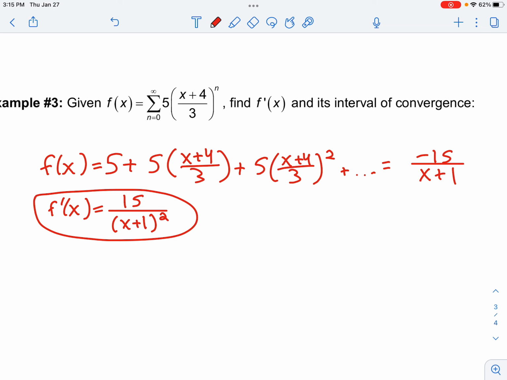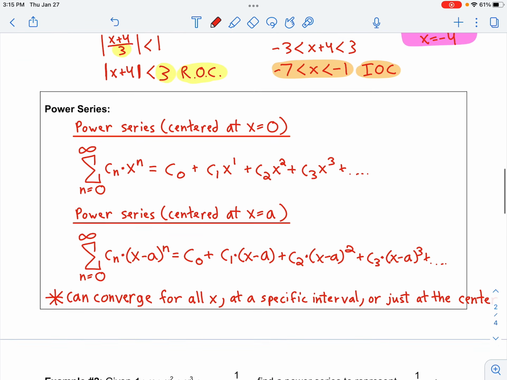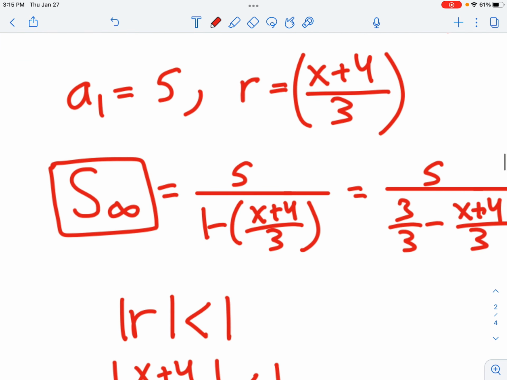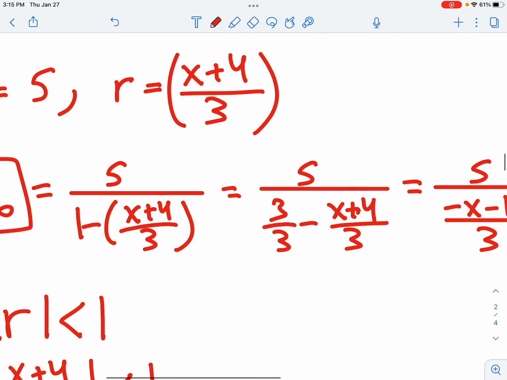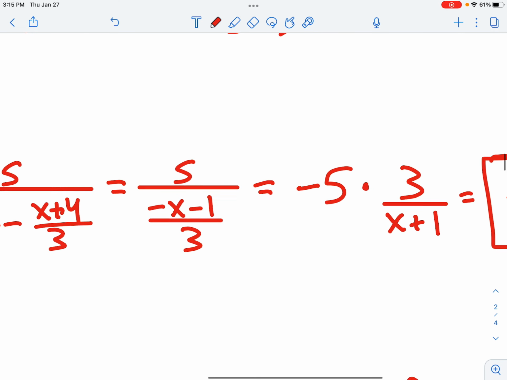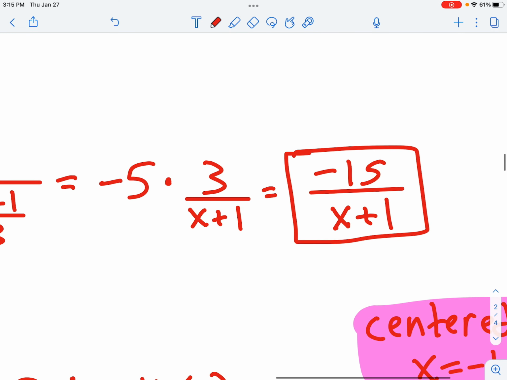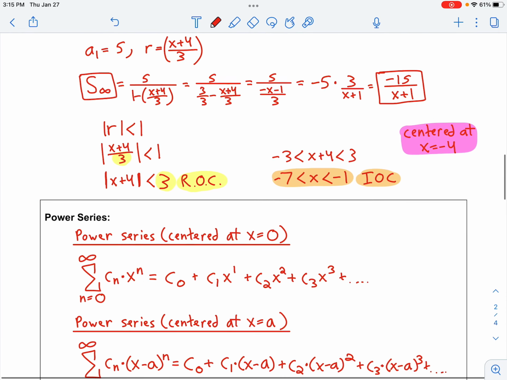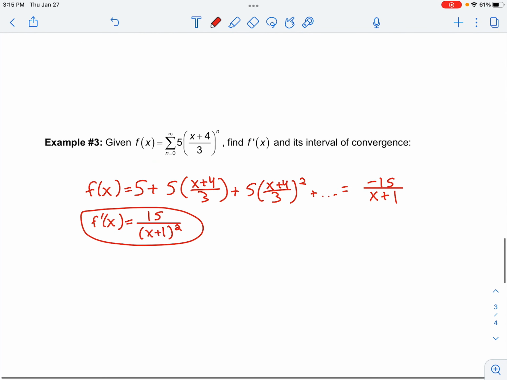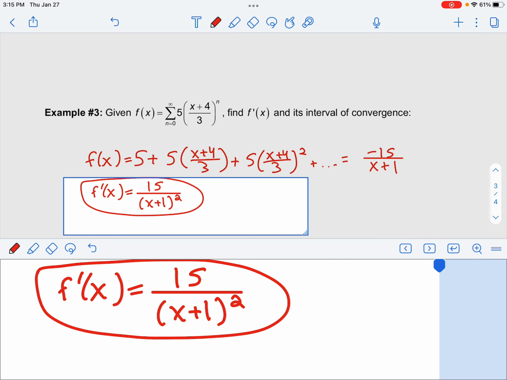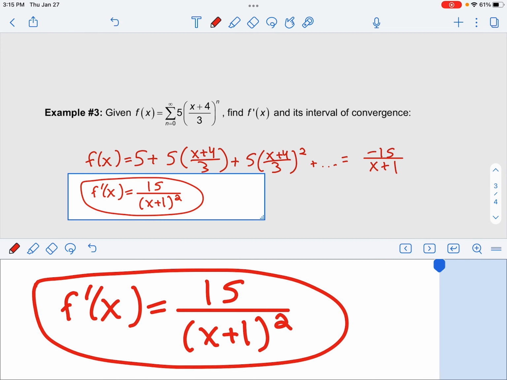If we didn't know what the sum was equal to, we would have to do that, just like we did back here, going through the work a sub 1 over 1 minus r to get negative 15 over x plus 1 and then take its derivative. Again, the interval of convergence is the same as group problem 1, so we're going to move on from that.